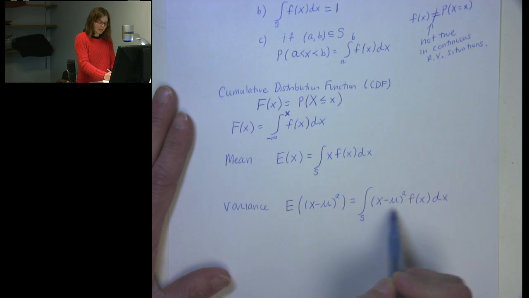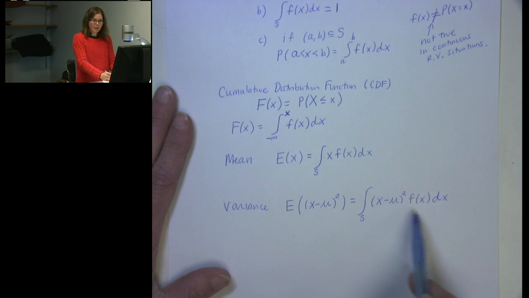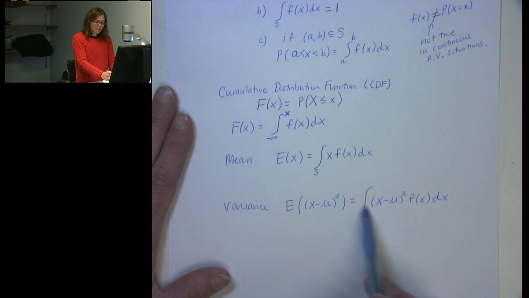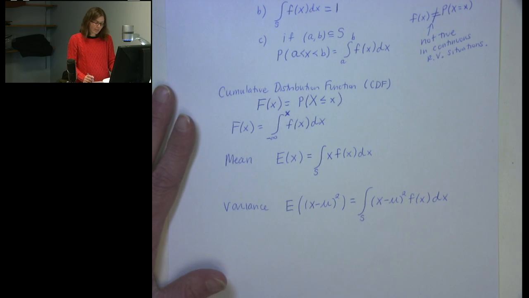This is the same idea as we had before. We're taking the x minus the mean squared and multiplying by the probability mass function, except now we're multiplying by the probability density function, and instead of summing, because we don't have a discrete set of possible values in the support, we are integrating. But otherwise, very similar definition.